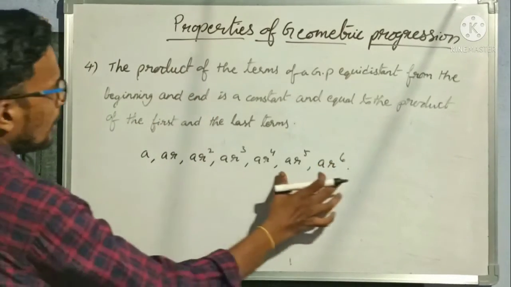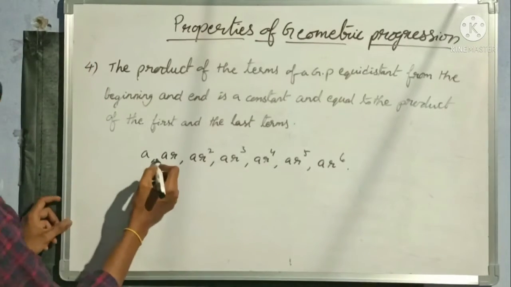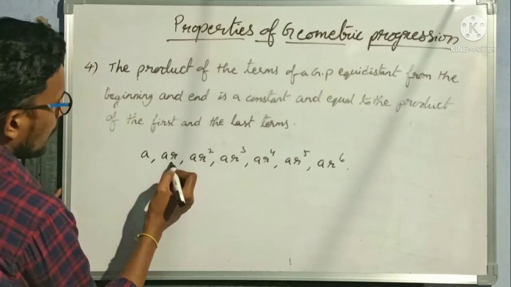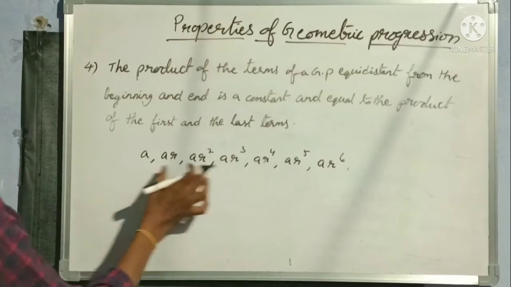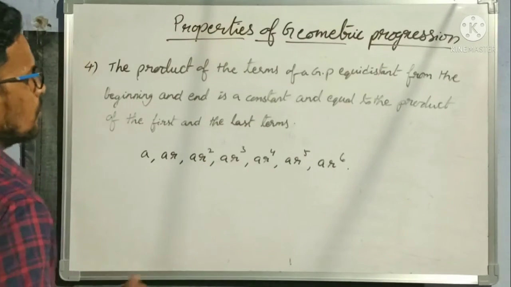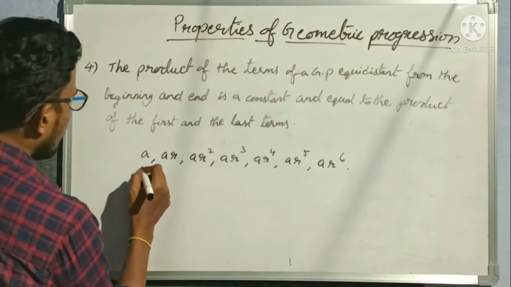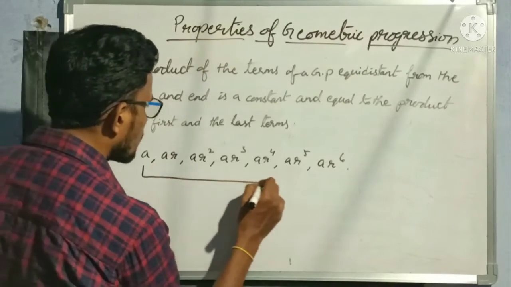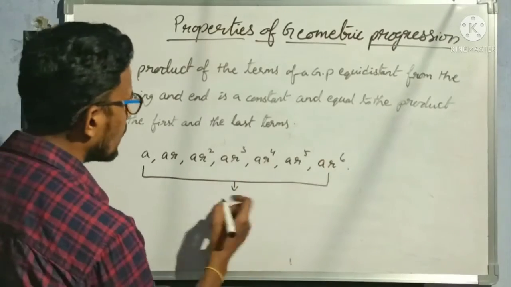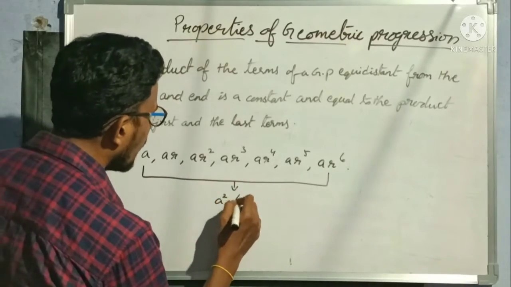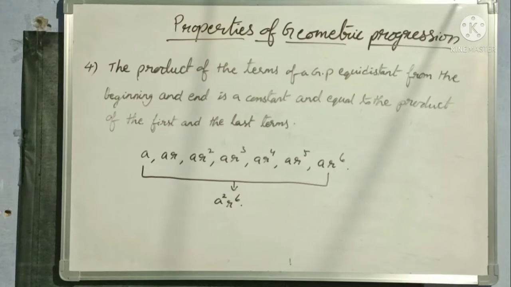So are these all terms in GP? Right? So here A is multiplied by R gives AR, multiplied by R gives AR square. So the common ratio is the same here. Let us multiply the first term and the last term here. So what is that? A into AR power 6 gives A square R power 6, right?